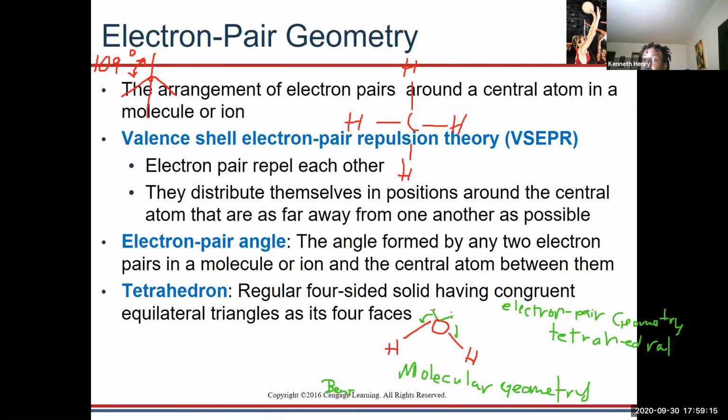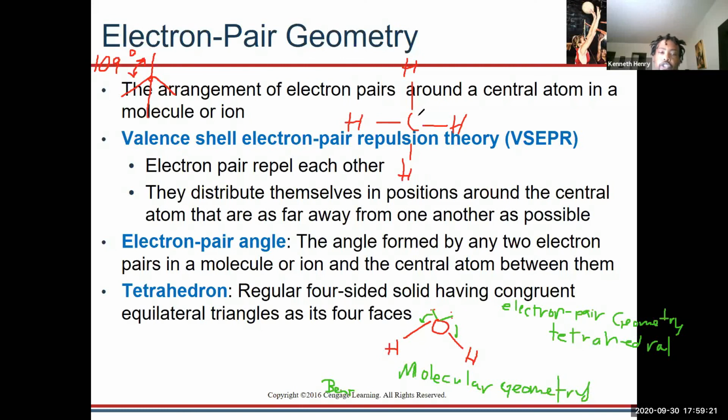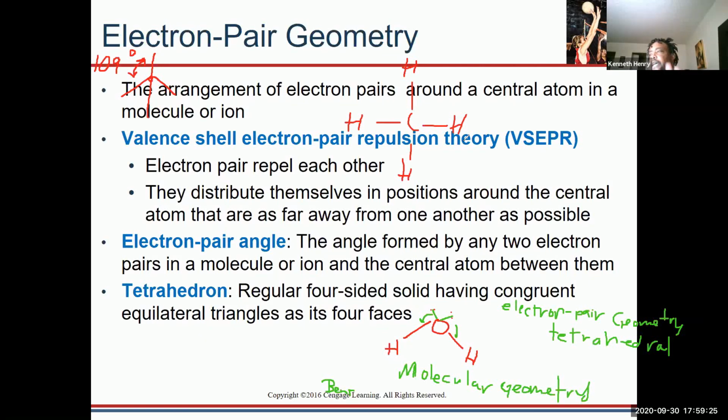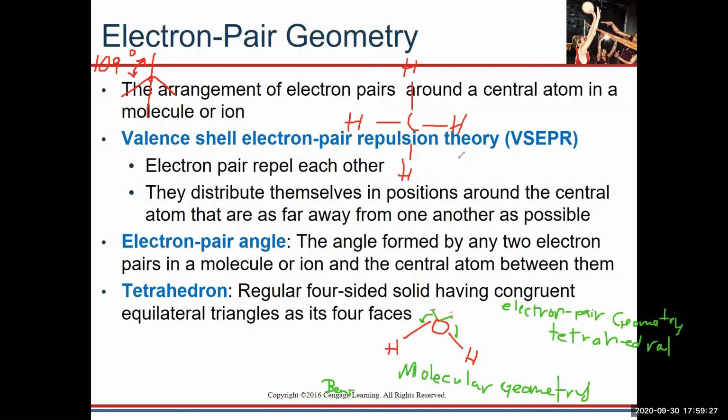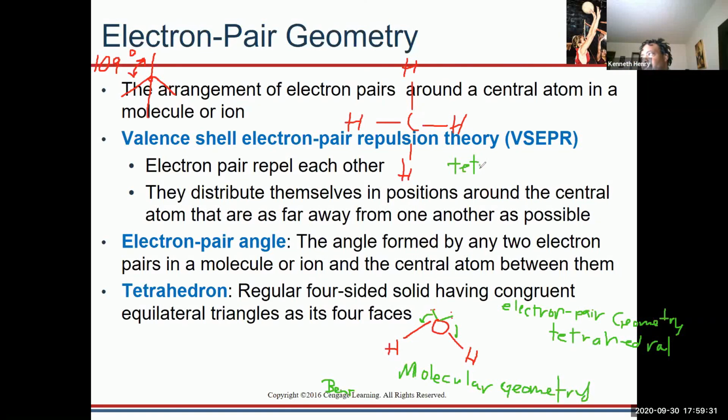Pair geometry. Okay, so up here we have 4 attachments. The molecular geometry is going to be 4 things attached. Tetra. That's right, so it's going to be tetrahedral.